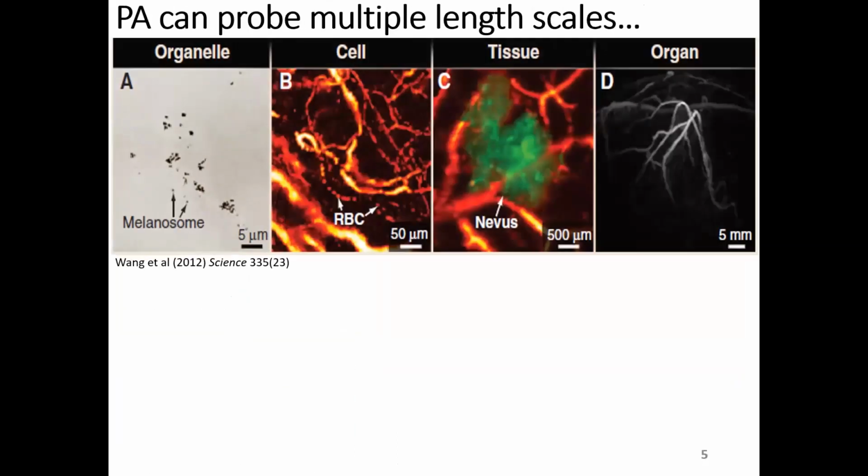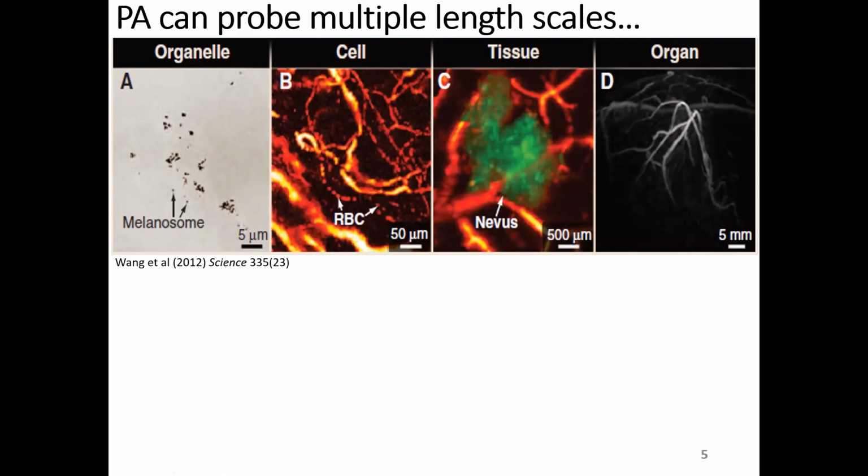Now, photoacoustic imaging is extremely successful, because it relies on laser illumination at multiple biological length scales, you have the ability to probe structures as small as organelles inside a cell, all the way up to an entire organ, as shown here in panel D, which represents blood vessels from a breast.